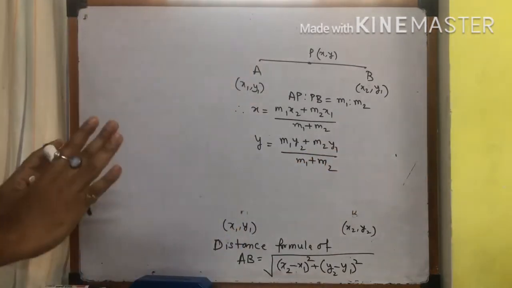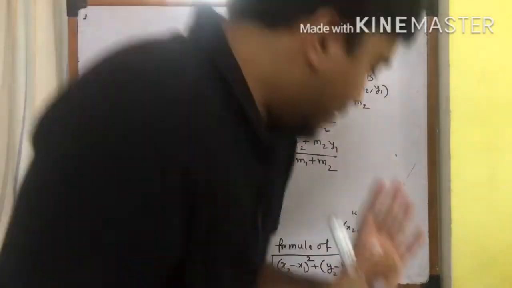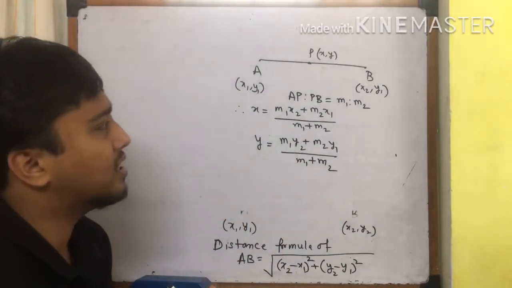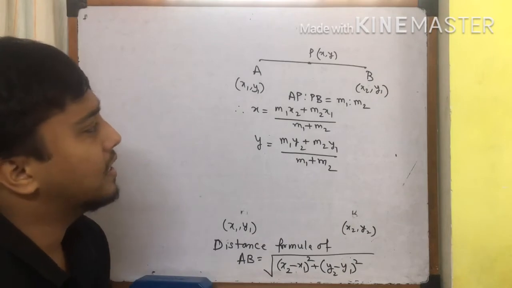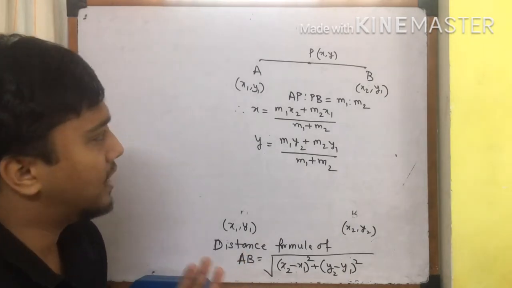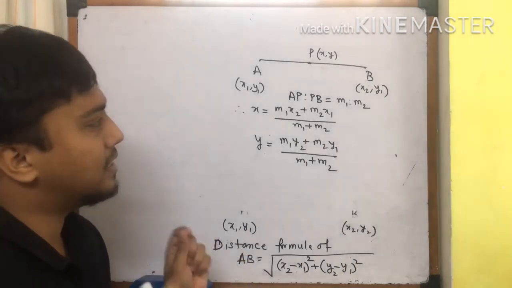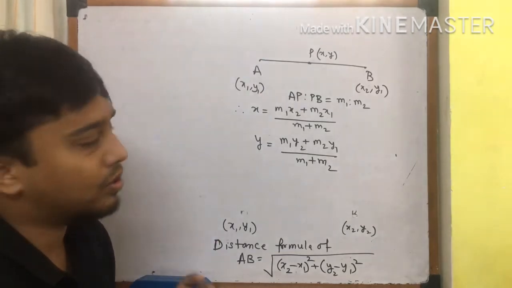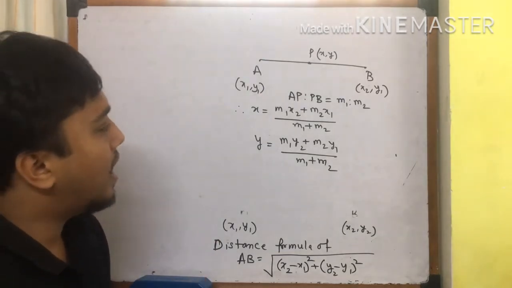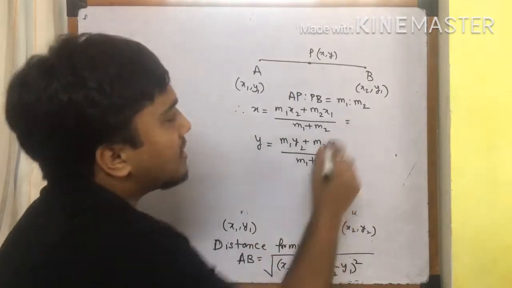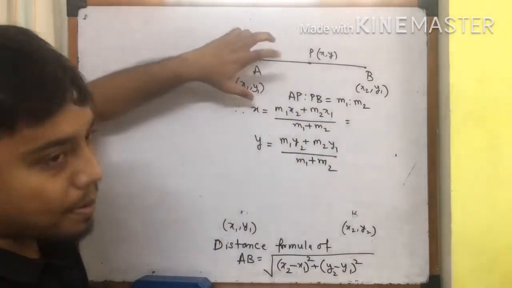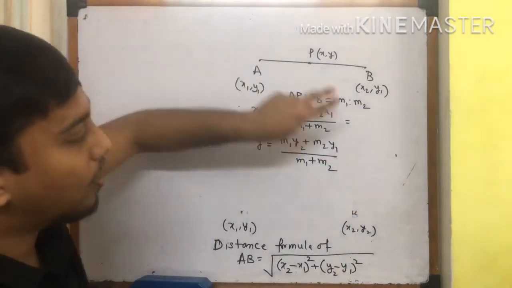These are the introductory things we have to tell. So these are the things we have to know for this chapter. Now this x is called abscissa and this y is called ordinate.